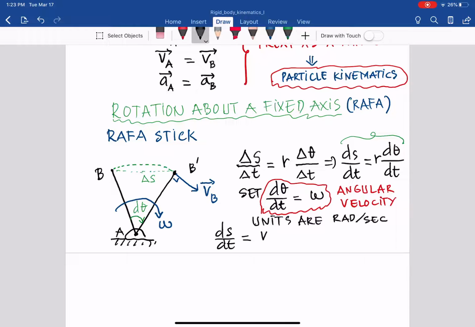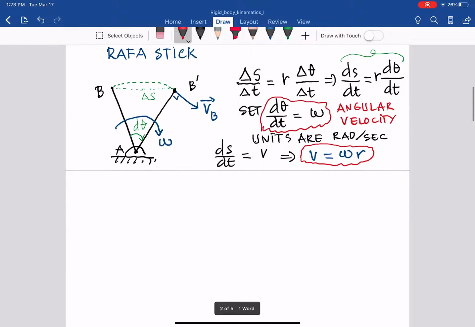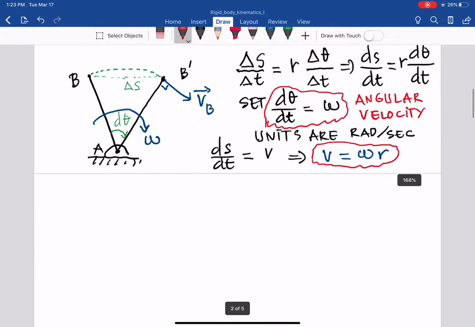Then we have the equation: the velocity at a given point equals the angular velocity of the body times the radius of the body. So let's box the next important equation: v equals omega r.